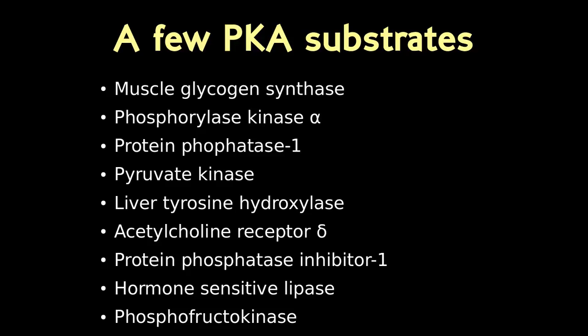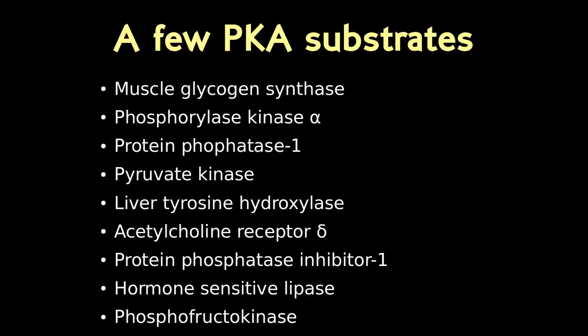And just a few PKA substrates, talking about specific enzymes here. We've got muscle glycogen synthase, phosphorylase kinase, protein phosphatase 1, pyruvate kinase, liver tyrosine hydroxylase. You don't need to know what all these are. You don't need to write them down. The point here is that there are a lot of different things that PKA can either activate or deactivate.